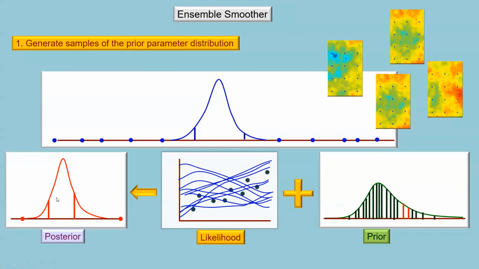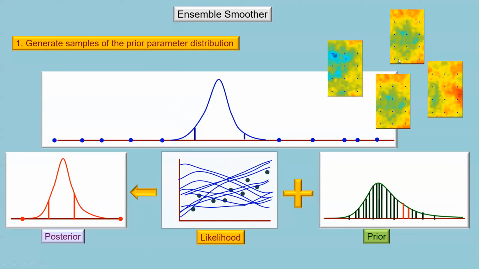And as we'll mention now, and Jeremy will talk about in detail, that cost is avoided when we use ensemble methods. So before Jeremy talks about it, I'm just going to say a few words about an ensemble smoother, just to use the same pictures that we've used up until now, so that you have an ability to compare this method with the other methods and with a method we'll talk about after Jeremy's video is complete.